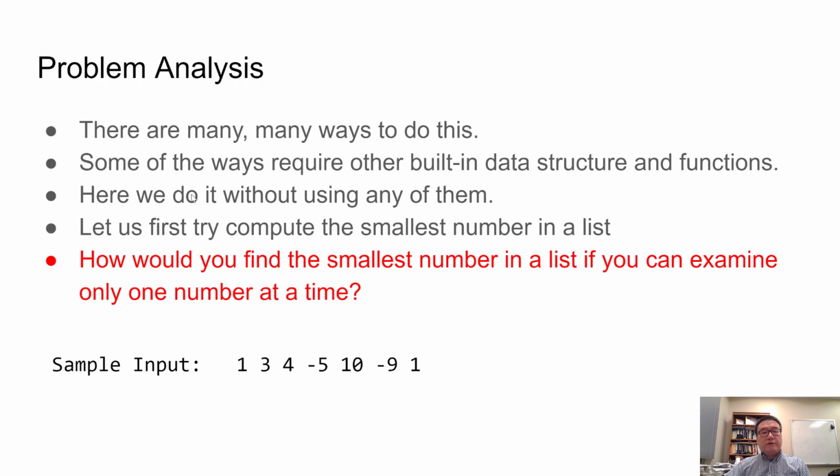But here we will first try to do it without using any special data structures. We just use a list and enumerate through it, because it's important to understand how to do these basic operations. So before we tackle this problem, let's first try to compute the smallest number in a list. This will be easier.